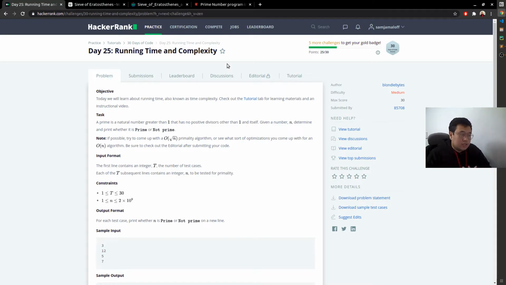You just cannot ignore the fact that the runtime complexity of n is a lot bigger than that of the square root of n. That's why if you have an option to go for the square root of n, you better go for it all the time.